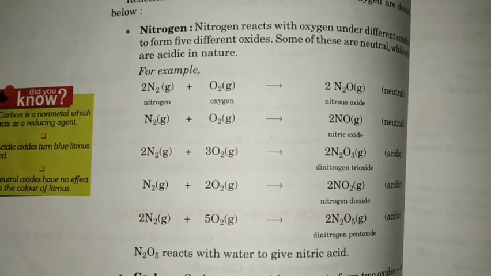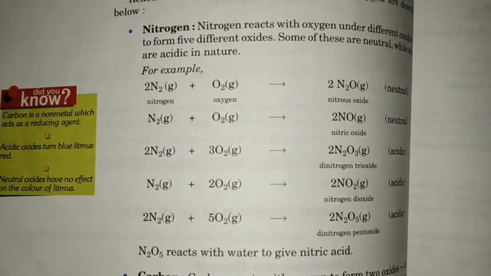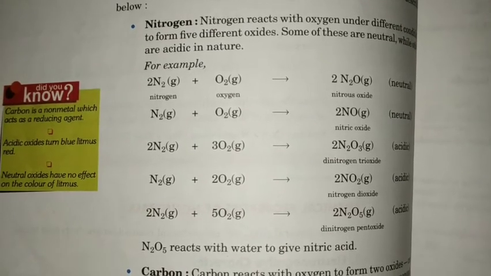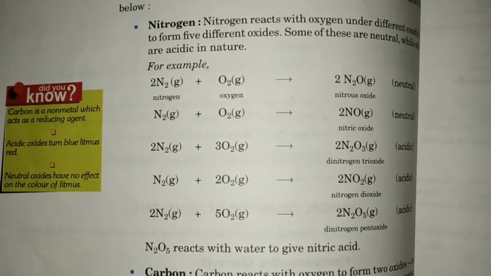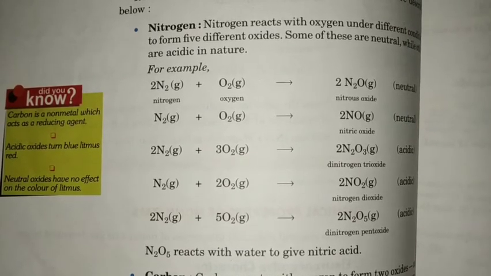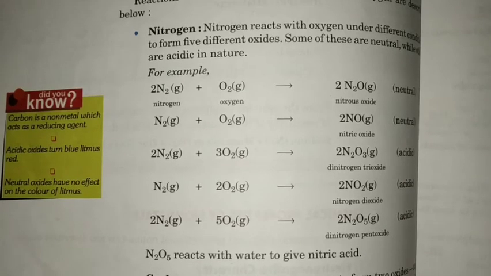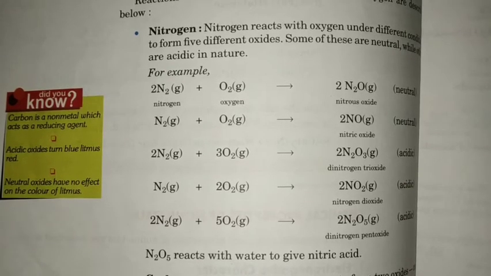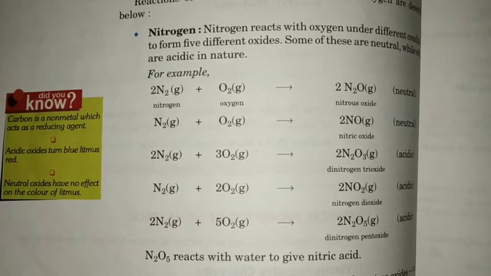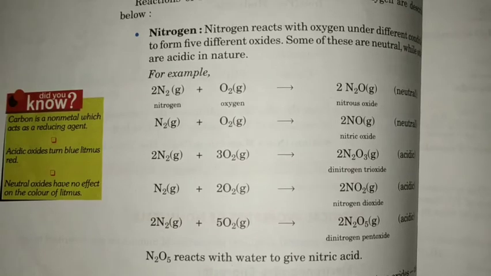It is also neutral. Third, dinitrogen trioxide. It is acidic in nature. If we dissolve this gas in water and dip litmus paper into this substance, the litmus paper turns red.